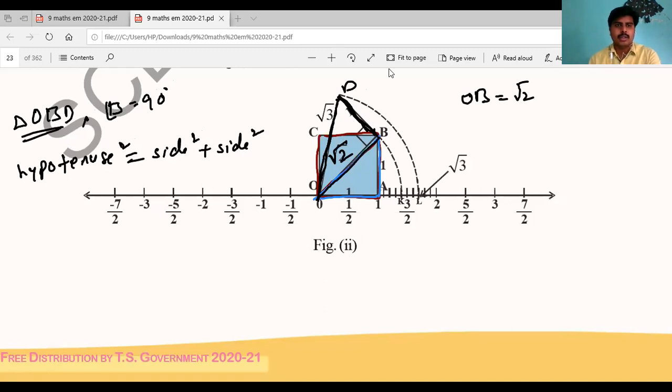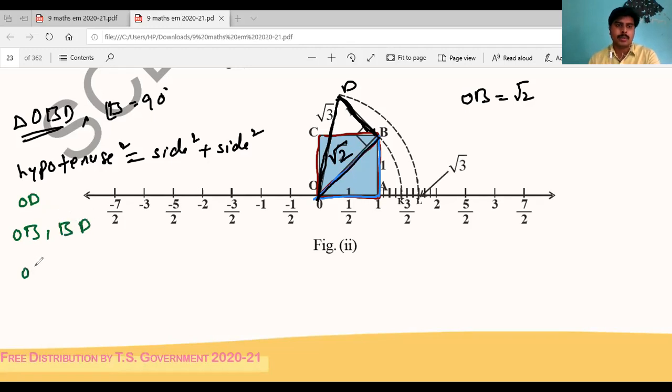And what is the hypotenuse here? The hypotenuse is OD, right? OD is the hypotenuse, isn't it? And OB is a side and BD is a side.